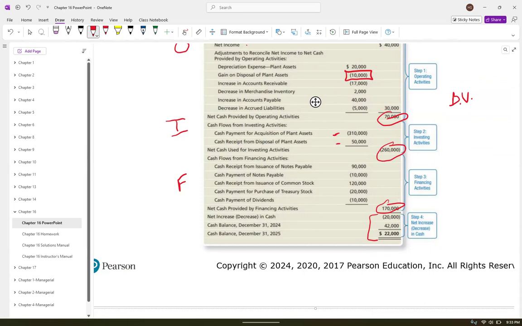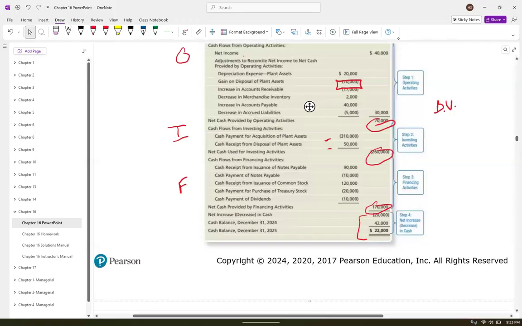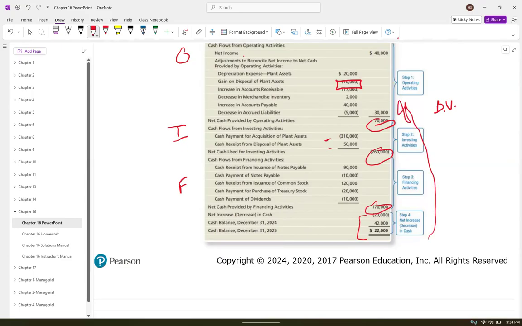Now, I told you that's the hardest one. If you don't get that one, try to get everything else in your statement of cash flows correct. You'll know what you have to total up to. A lot of times when I was in college, I learned how to work these statements of cash flows backwards, probably better than I ever did forwards, because you do have that built-in check figure.